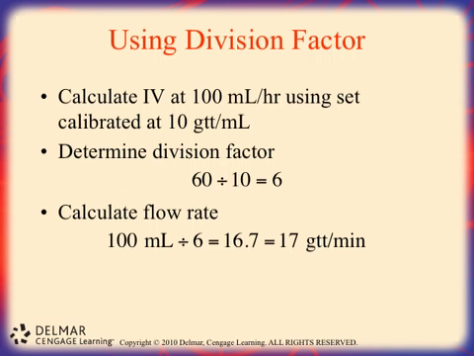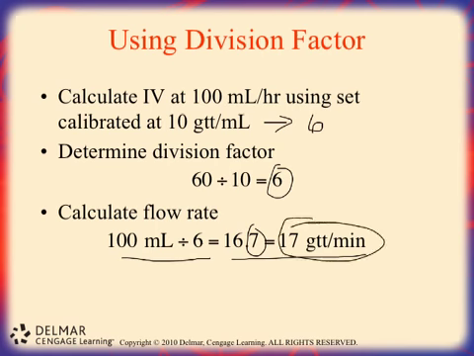So calculating an IV at 100 milliliters per hour using the set calibrated at 10 drops per milliliter, we know that for 10 drops per milliliter the division factor is 6 because 10 goes into 60 6 times, so it would be 100 divided by 6, and then you would have your answer, 16.7, which you cannot give 0.7 of a drop, so it would round up to 17 drops per minute.